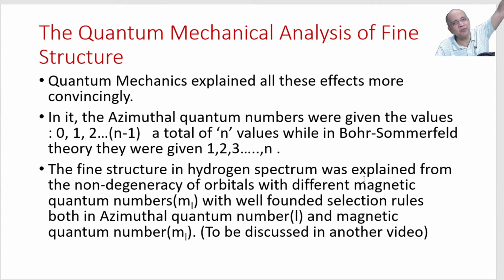So at that time he explained the observation by splitting the suborbits, that is subcells of a cell. At that time there was no knowledge that each subcell has several orbitals with different orientations represented by magnetic quantum numbers m, which varies from plus L to minus L via 0, right?